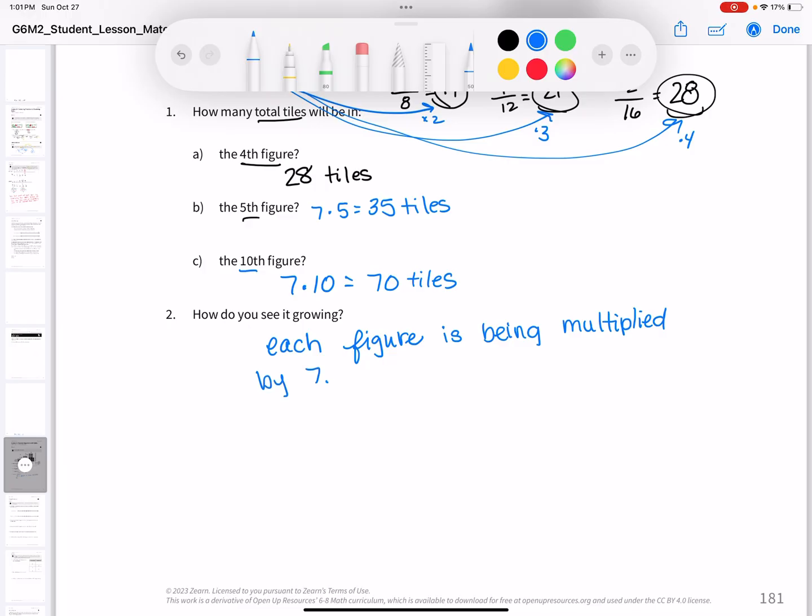So it's basically growing by 7 each time. All right.